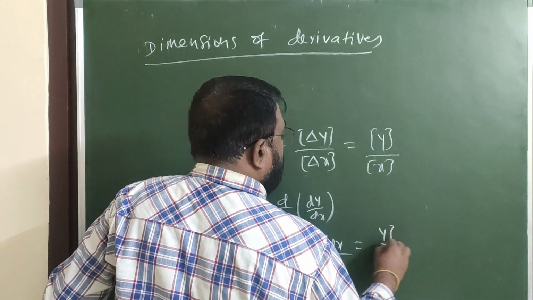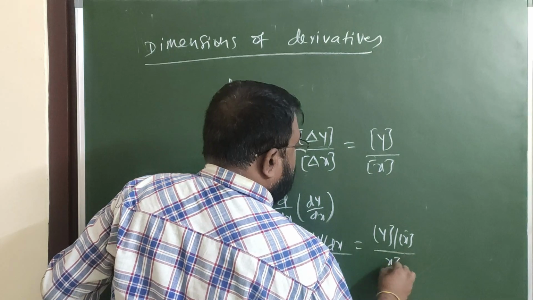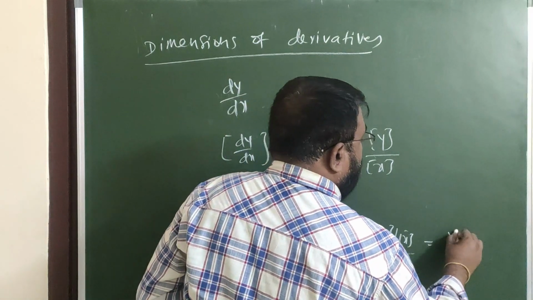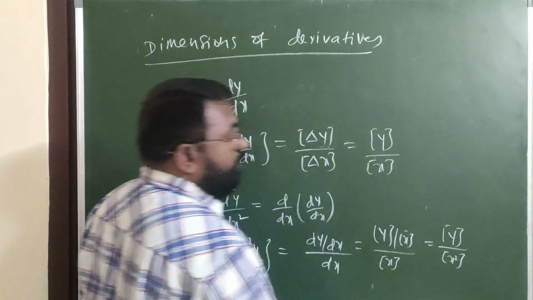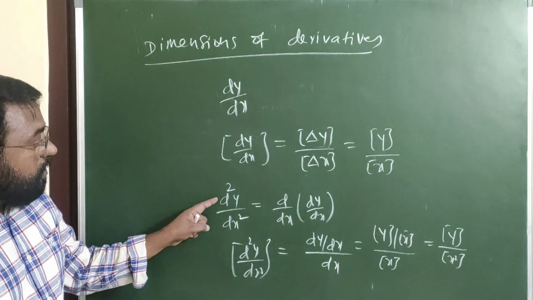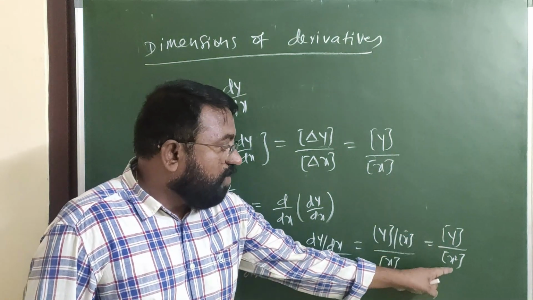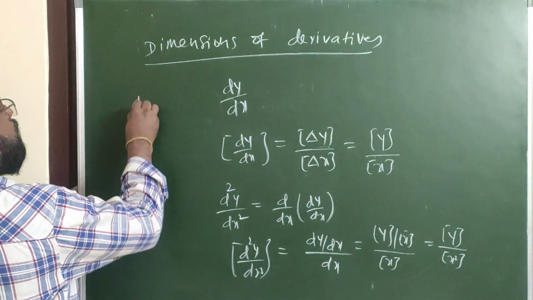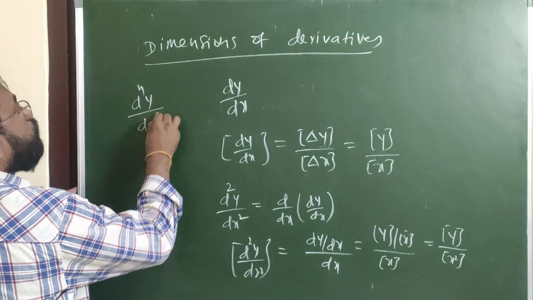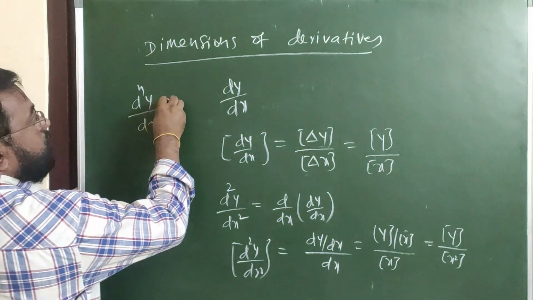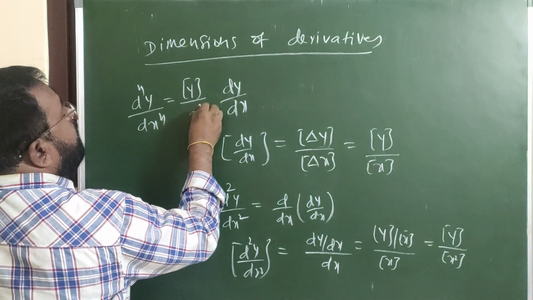This becomes y by x by x, which becomes y by x square. So, for d square y by dx square, the dimensional formula is y by x square. Like that, for d to the power of n y by dx to the power of n, its dimensional formula is y by x to the power of n.